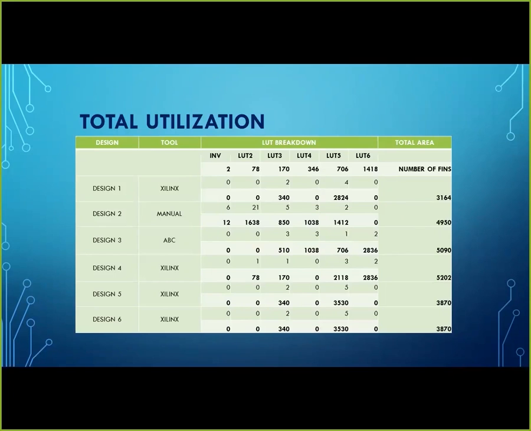Design 2 gave us 4950. Design 3 5090. Design 4 5202. Design 5 3870. Design 6 we had 3870 as well. I mean, they were pretty much, design 5 and design 6 used the same LUTs, but the layout was kind of different.